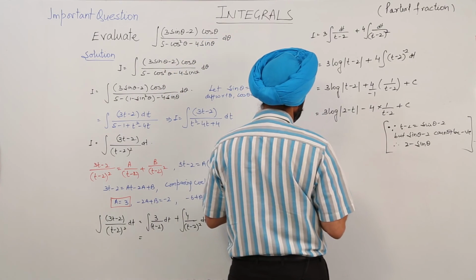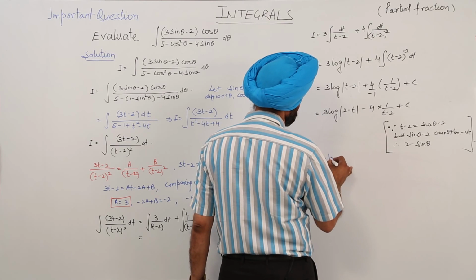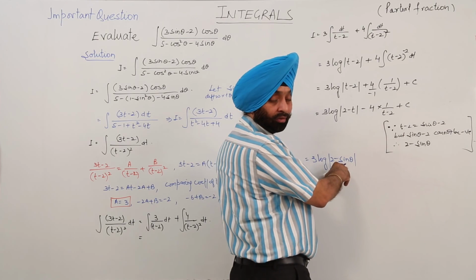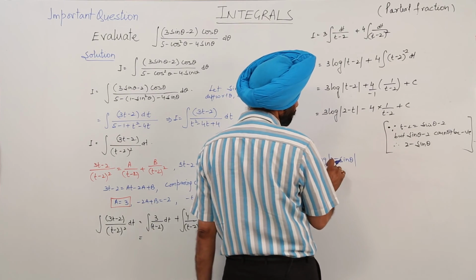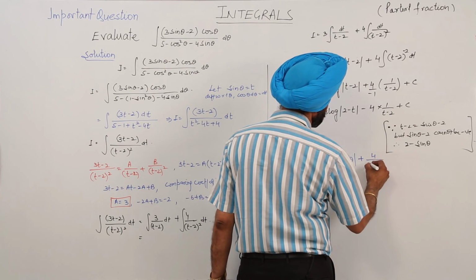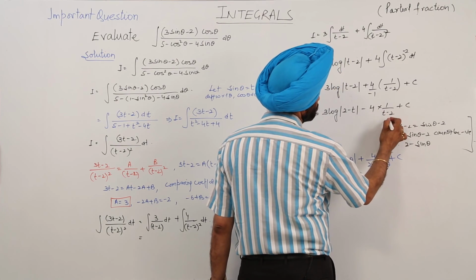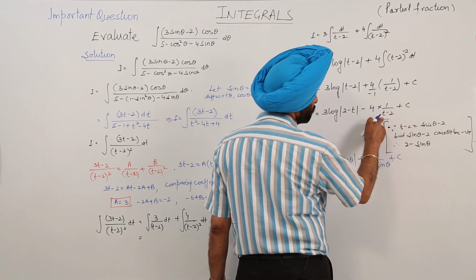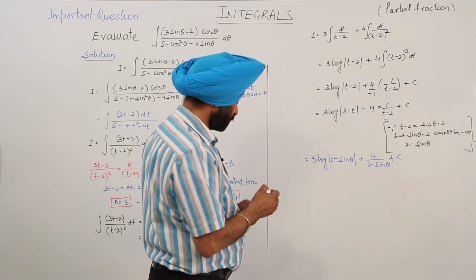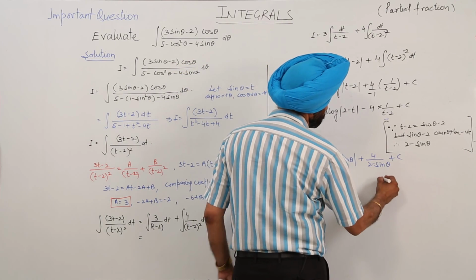Now we can write 3 log 2 minus sin theta, because the value of sin theta is never more than 1. Now plus 4 upon 2 minus sin theta plus c. For this part I have taken minus common and multiplied by this minus, so that's why we have plus 4 upon 2 minus sin theta plus c. This is the answer.